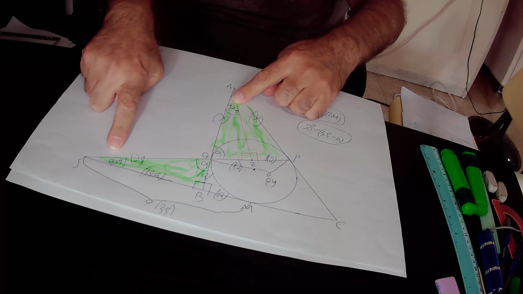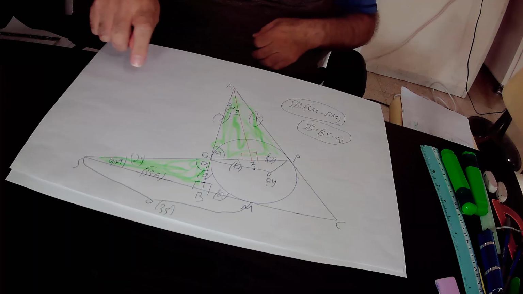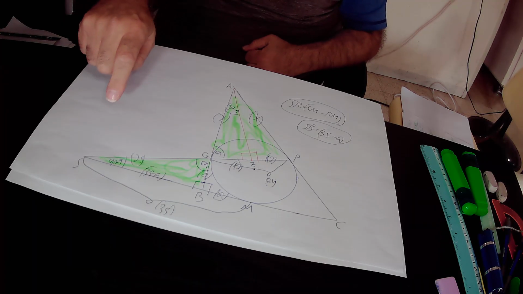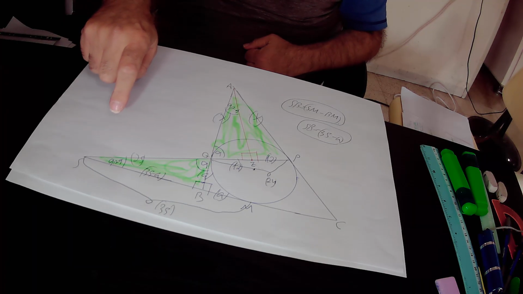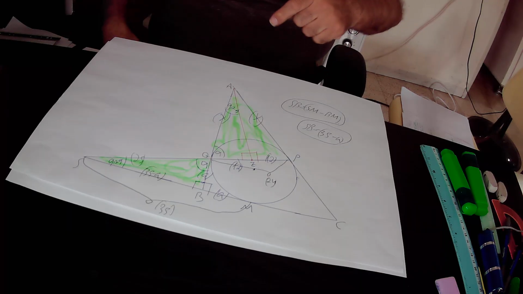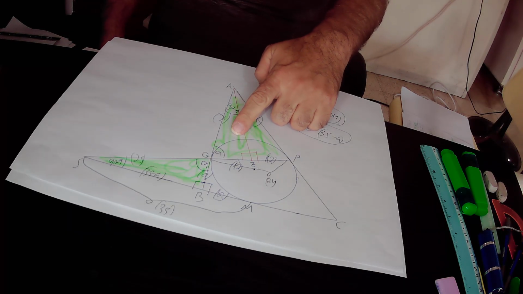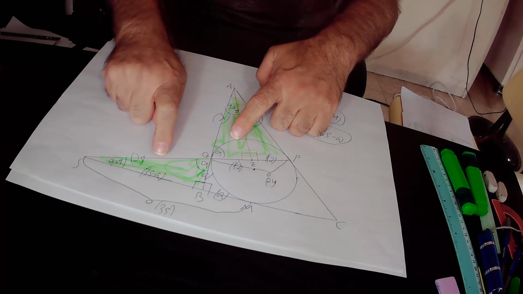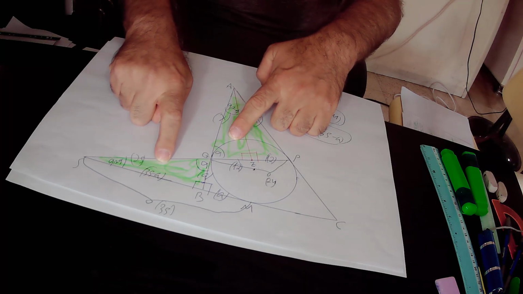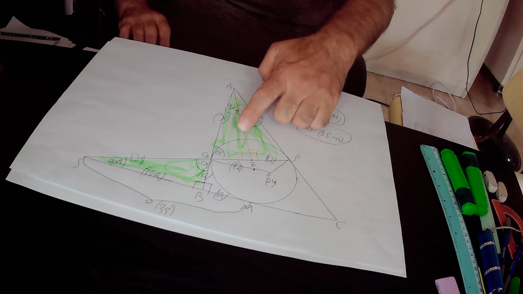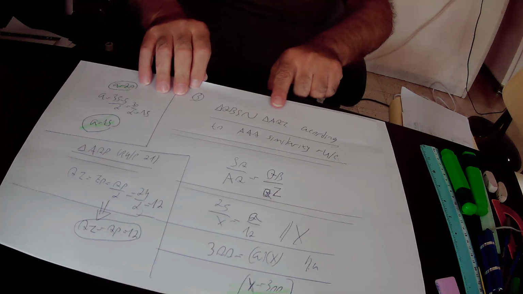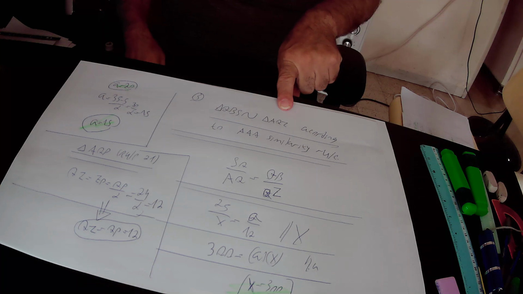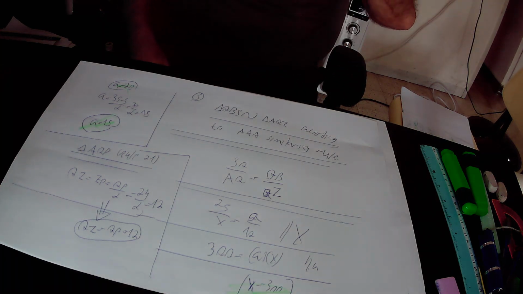So all three angles of the right triangle SQV correspond and are equal to all three angles of the right triangle AQZ, and therefore those two right triangles are similar to each other according to angle similarity.